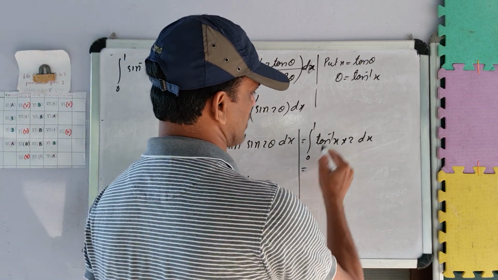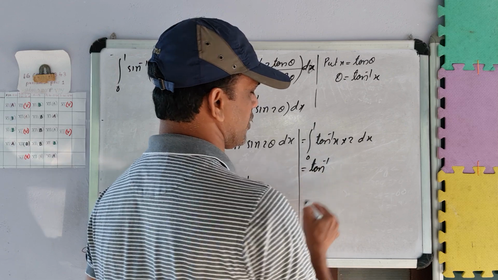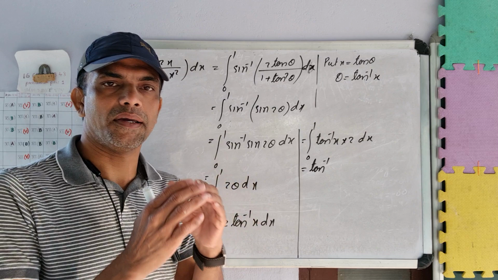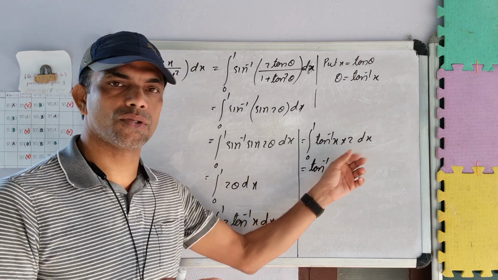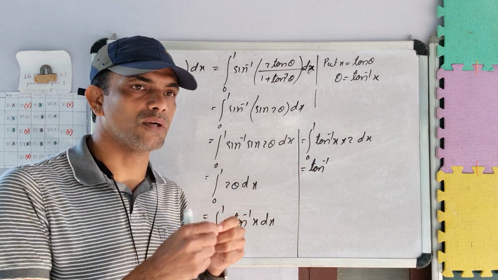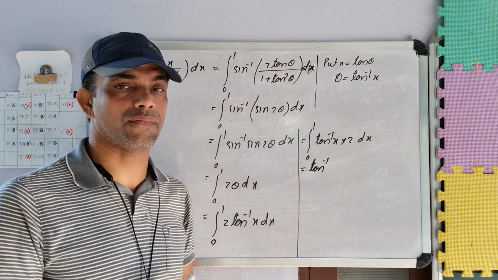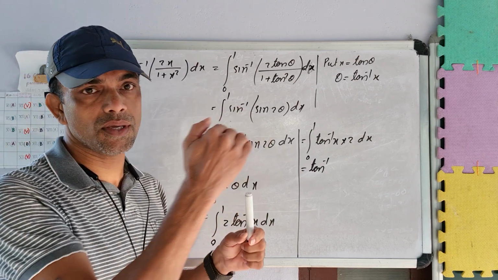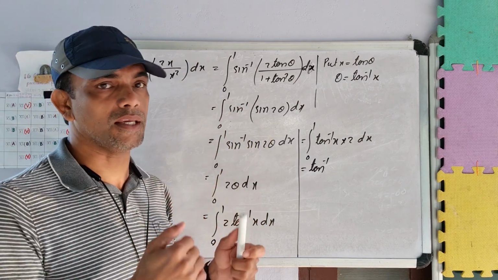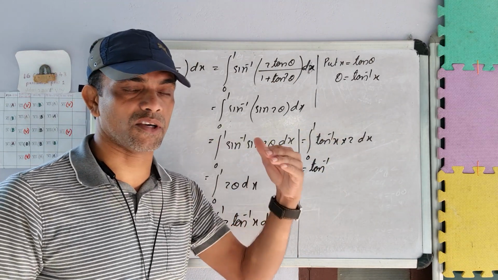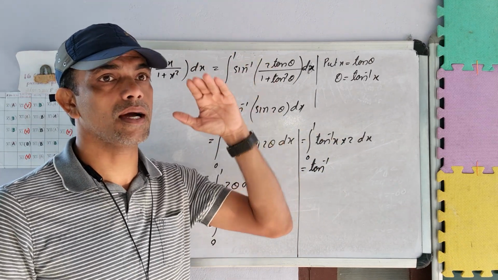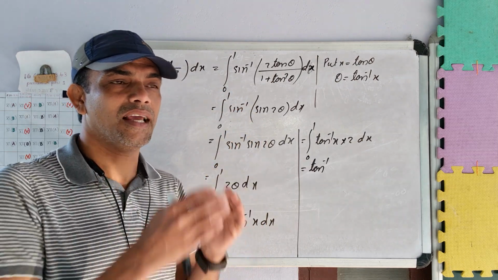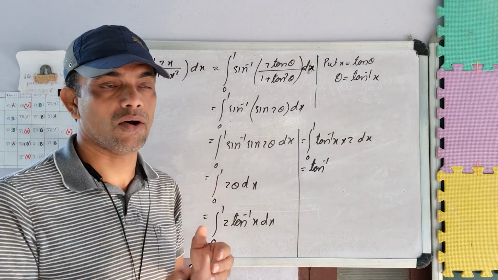The first function is tan inverse x. You have to apply the ILATE principle, I-L-A-T-E, where A is the algebraic function, and 2 is an algebraic function. Tan inverse x is an inverse trigonometric function, so it comes first, and after that comes the algebraic function.